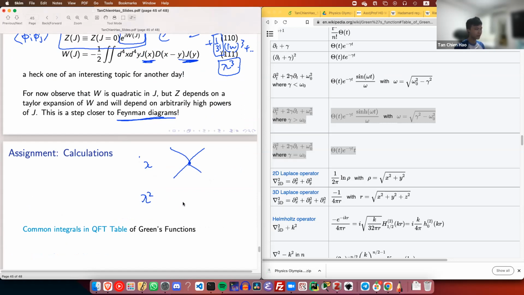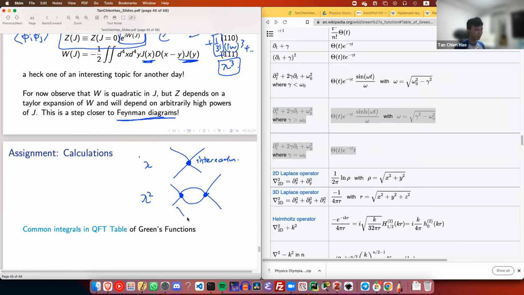Then we have lambda squared. Then you start having more diagrams. So we know that propagators are the lines. And what are the vertices? The vertices are actually interaction terms. So if you have lambda squared, that means there are two interaction terms, which means there are two vertices.